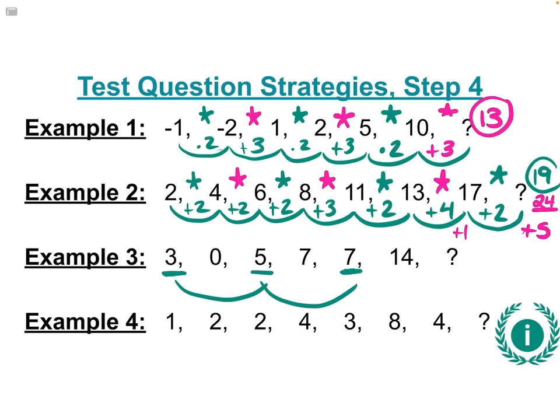So the difference between 3 and 5 is plus 2, and the difference between 5 and 7 is plus 2. So now we're on track. If we were to apply that same difference to the next odd number in that sequence, then we would have 7 plus 2, which would give us 9 as the next number in that series.